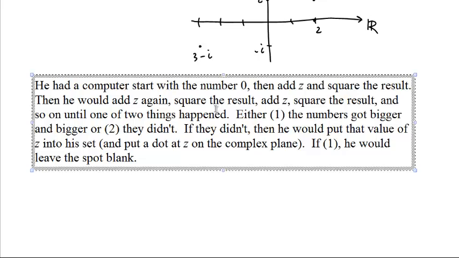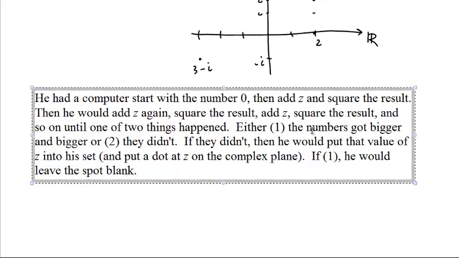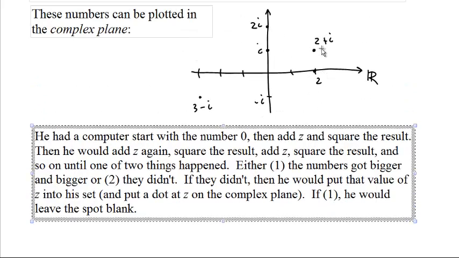If they got bigger and bigger, wherever z is, and z is some number on this plane, maybe it's 2 plus i, maybe it's 2, maybe it's whatever. If that number, when you take 0, square it and add the number, then square that and add the number, and square that and add the number, gets bigger and bigger, you don't put a dot there.